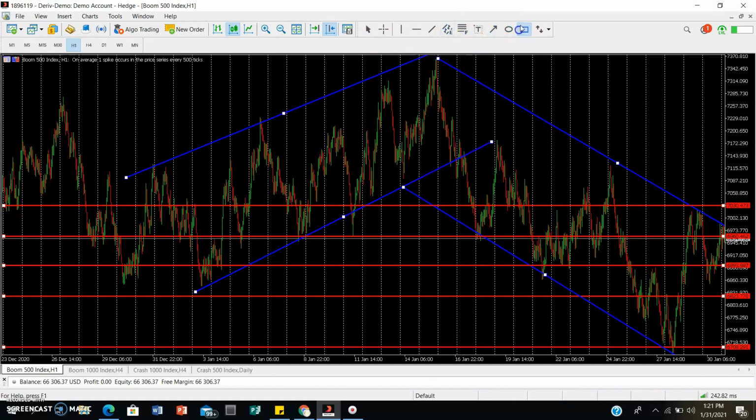Why? Because we would see that price was setting higher highs and breaking them. You see, here is a high, price came, broke the previous high, broke the previous high again. So price was actually going in an uptrend because it was setting higher highs, right?